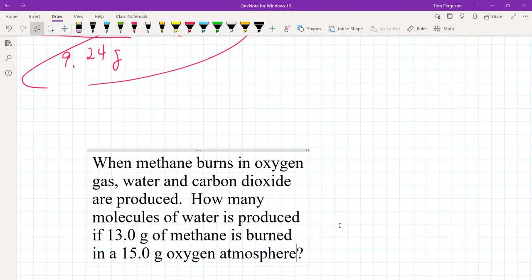So we have three atoms. And how many molecules do we have in the equation? We have 1, 2, 3, 4. So this is going to be a 3 by 4 matrix.